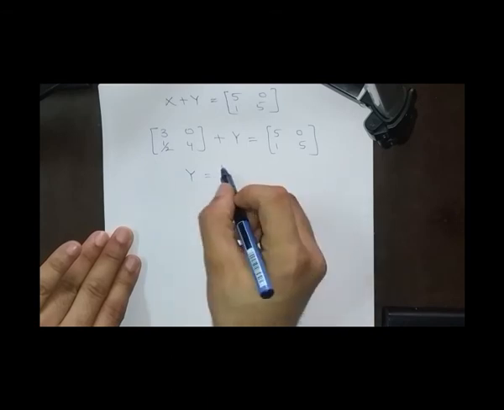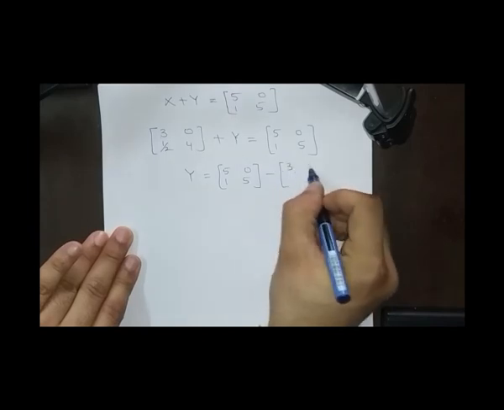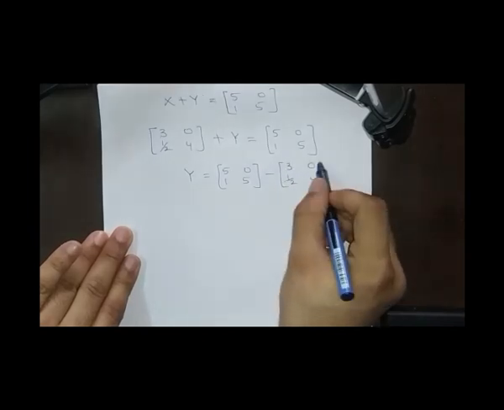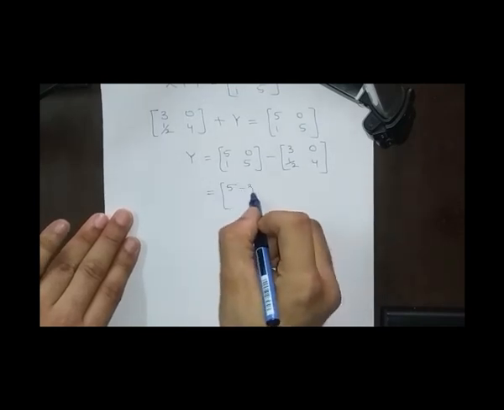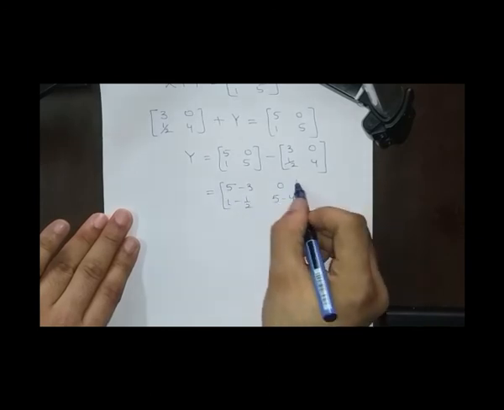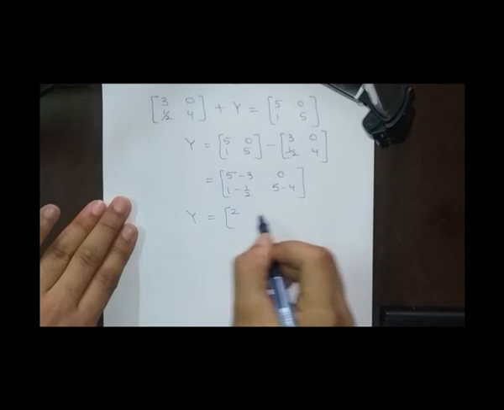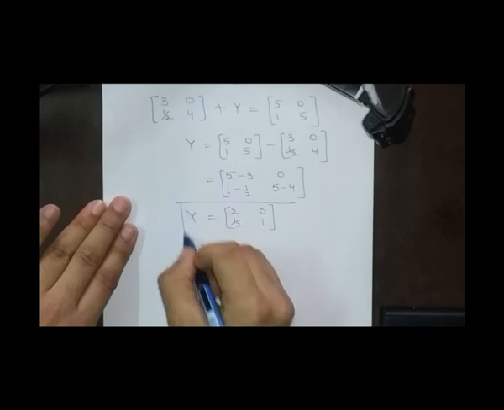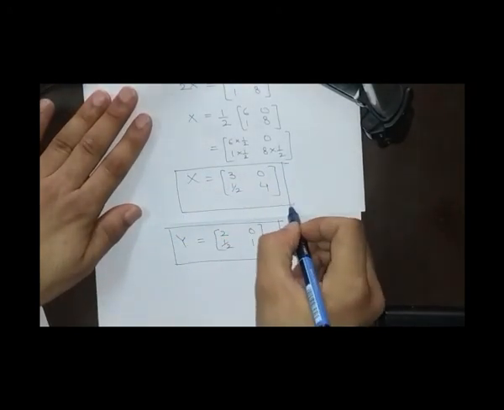Here y becomes 5015 minus 3 0 1 by 2 4, and it is further equal to 5 minus 3, 0, 1 minus half, 5 minus 4, and y is now 2 0 half and 1. This is our y. We got the x here. This is x and this is y.